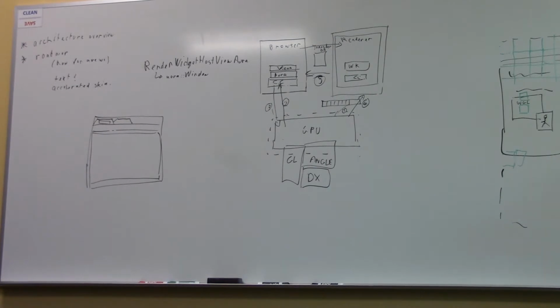So that is what schedule draw is. It's the compositor telling the Aura layer, and in particular the root window which controls this, that I need to composite, so whenever is a good time, tell me to composite. And then the Aura root window calls back and says, composite now, whenever it's ready.